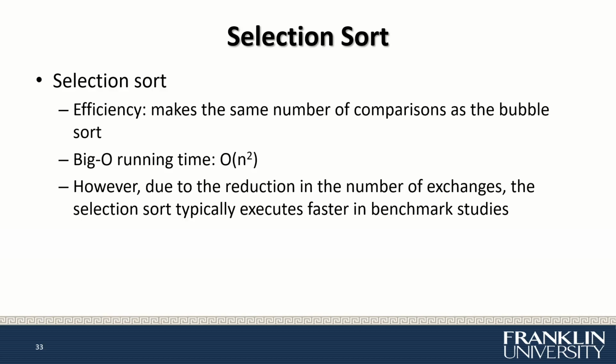The efficiency of the selection sort is still quadratic. Why? Because you still have a nested loop. However, due to the reduction in the number of changes, selection sort typically executes much faster than bubble sort, and we will see how that compares to bubble sort.